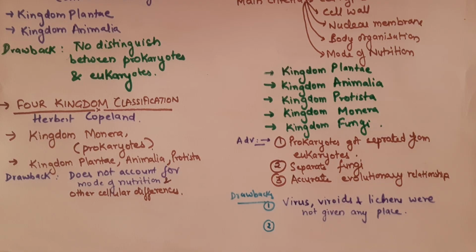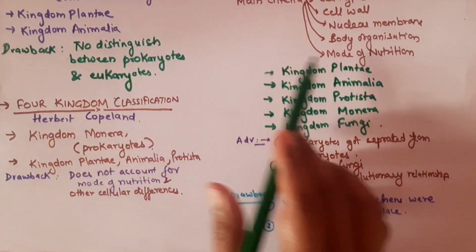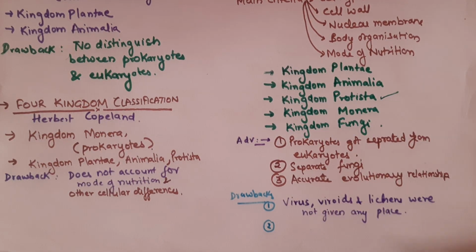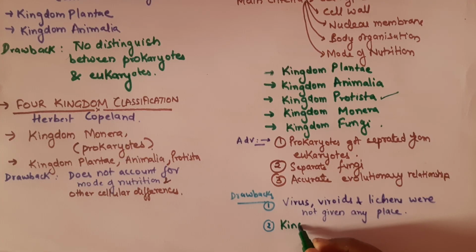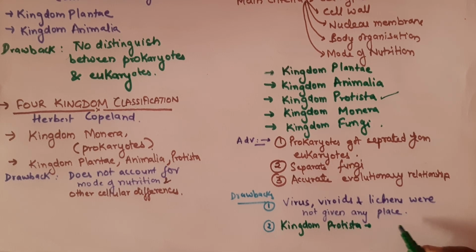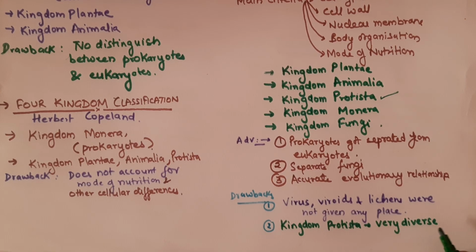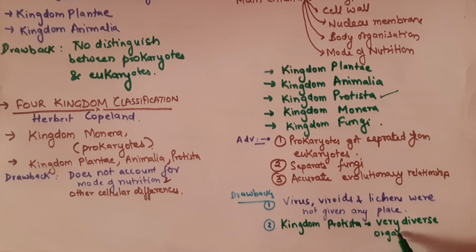And the second major drawback of this five kingdom classification is that the kingdom Protista still possesses very diverse organisms. So this is all about the classification system. Thank you for watching the video.